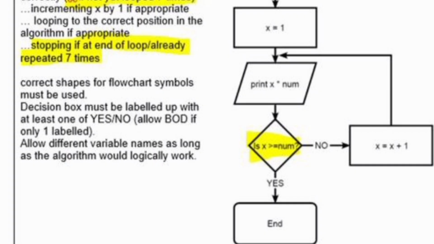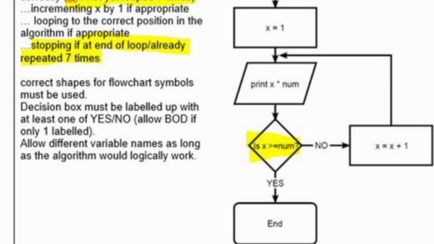Looping back to the correct position in the algorithm, if appropriate, stepping by one, and if the loop has already repeated 7 times.